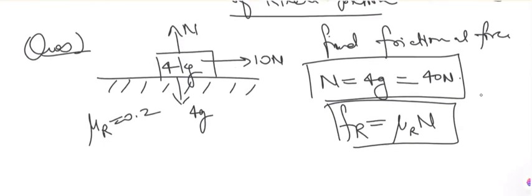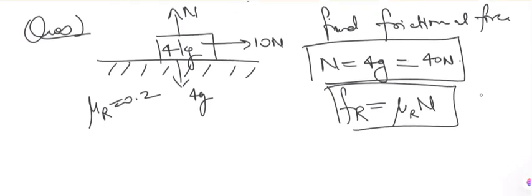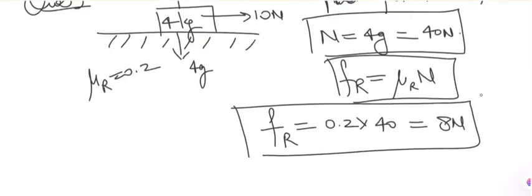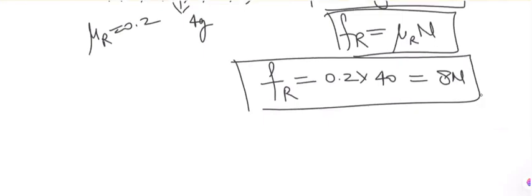The coefficient does not have any SI unit. So my F_r will be equal to 0.2 into 40, which is nothing but 8 newtons. Agreed?